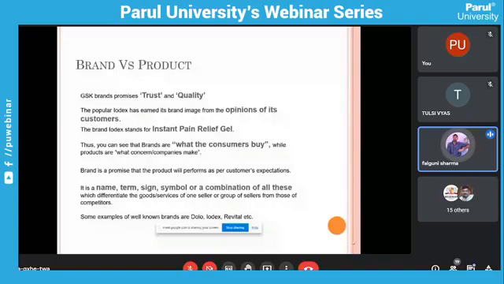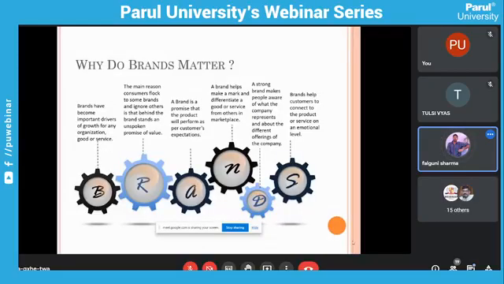Next, moving on to why brands matter. Why we require the brand, and what matters about the brand for the company or the organization. Brands have become important drivers of growth for any organization, goods or service.